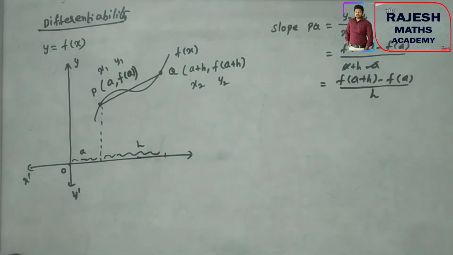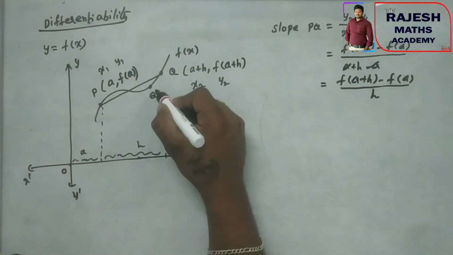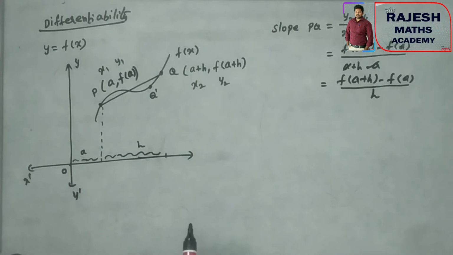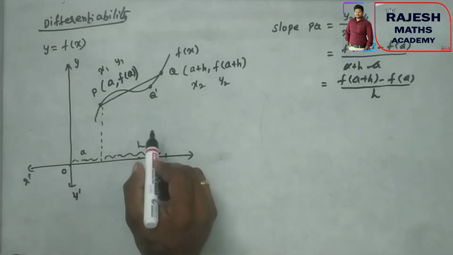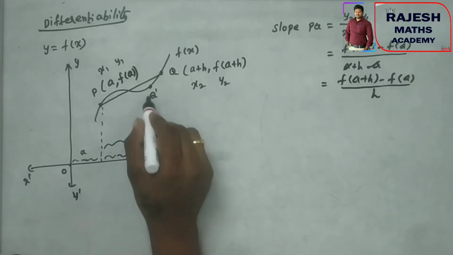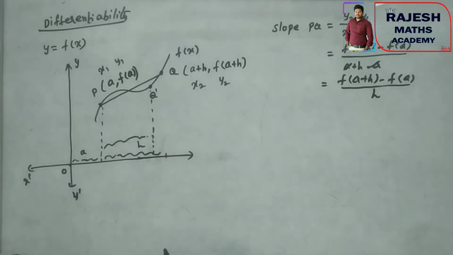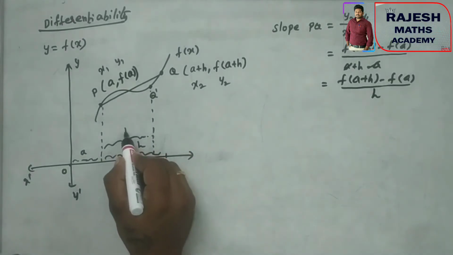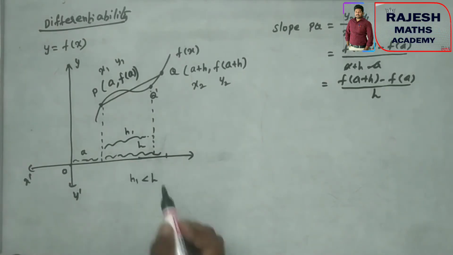Now I am going to take the point Q here, for example Q dash or Q1. In this case, what is the coordinate of Q dash? Suppose Q dash is at distance h1 here, where h1 is clearly less than h.